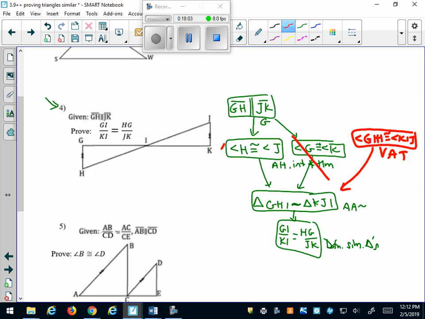So that's another option. I could have used one pair of alternate interior and one pair of vertical, or two pairs of alternate interior. Then you prove the triangles are similar by AA. Only one extra step here. That proportion is a step that can come directly from similar triangles by definition. Any questions?